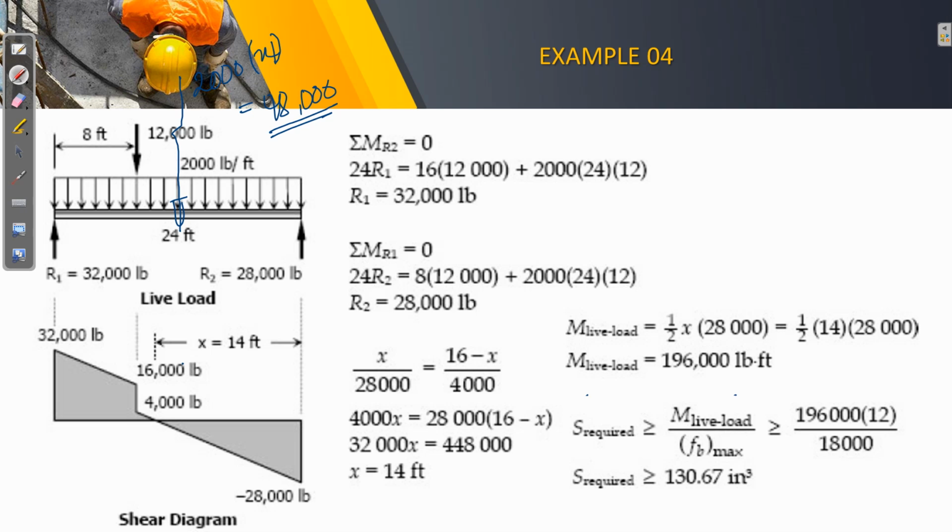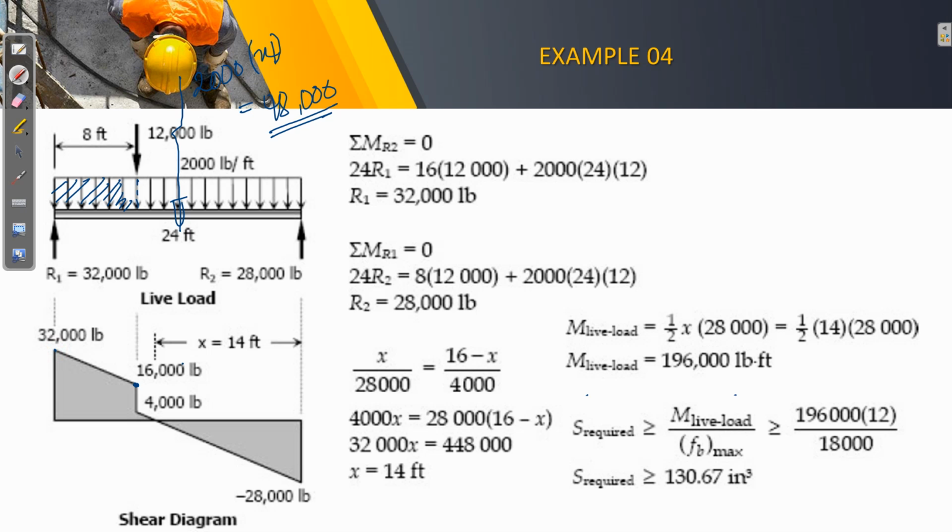So plotting the shear diagram, we start with an upward 32,000 here and then deduct the rectangle covered by this 8 feet length. So that is 8 by 2,000, that is 16,000. So therefore, 32,000 minus 16,000, we will yield 16,000.